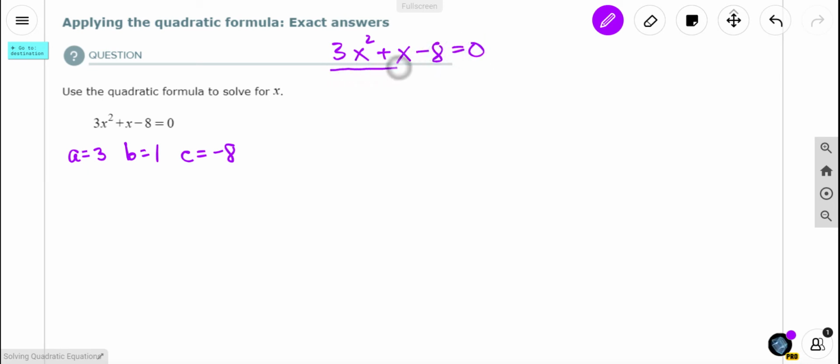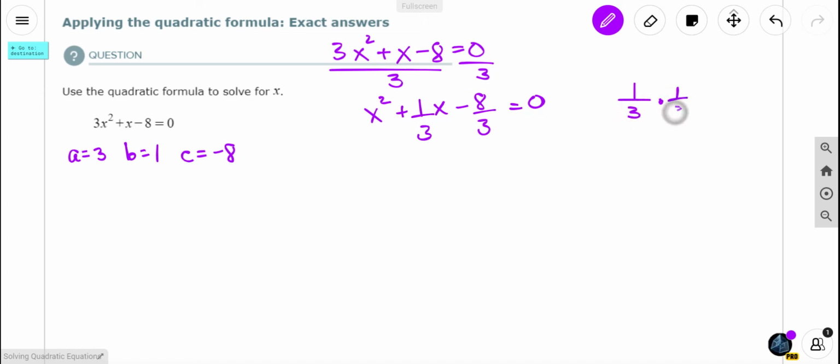You'd have to divide everything by 3 because we got to get a to 1. And by the way, you'd have to do both sides. And then you would get x squared plus 1/3 x minus 8/3 equals 0. And then you would have to do 1/3 divided by 2, which is the same thing as times 1/2 squared. So you would get 1/6 squared, which is 1/36. So you see how it gets really nasty into fractions and stuff.